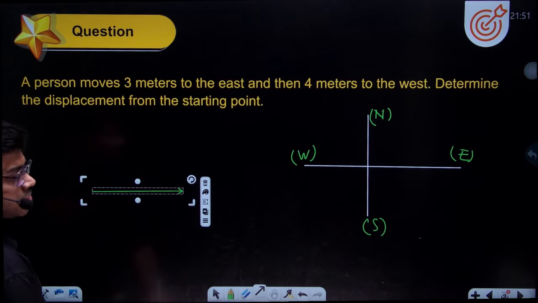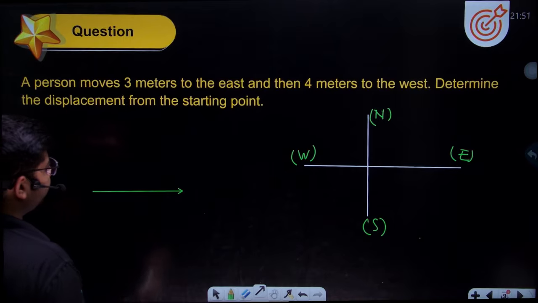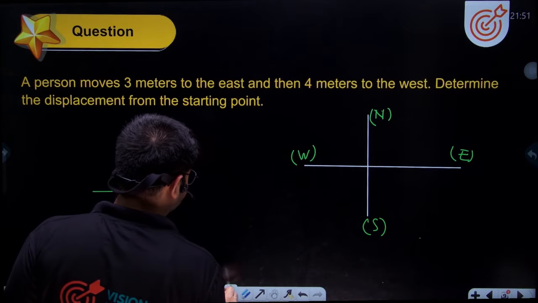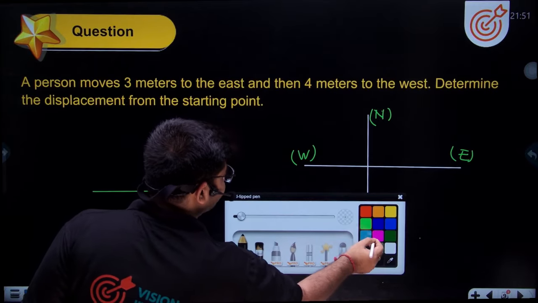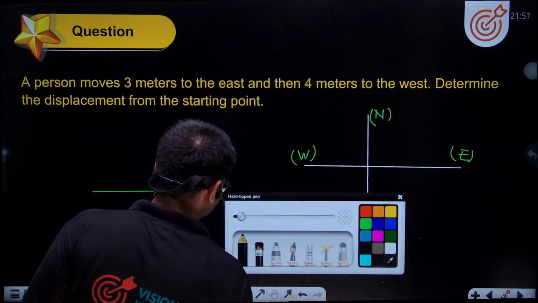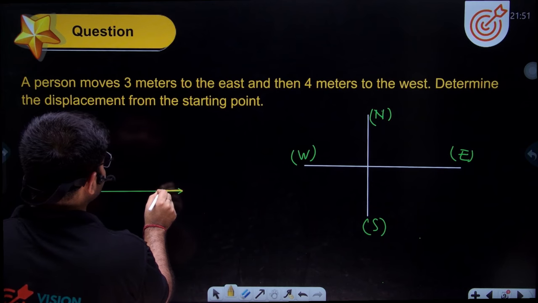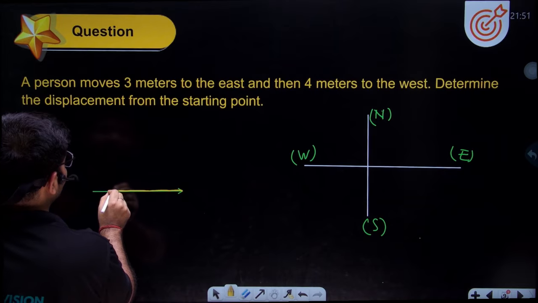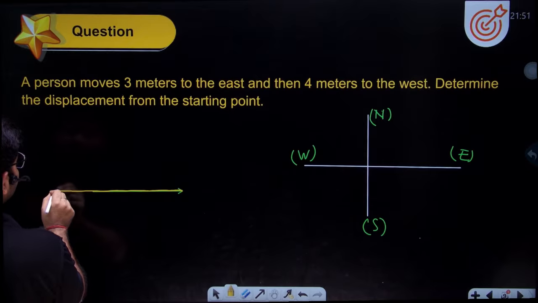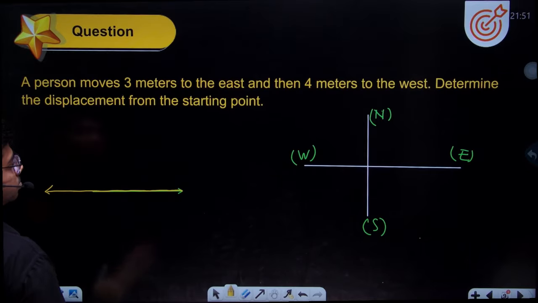Then 4 meters to the west, followed by from this point. From this point itself, the person is now moving to the west. From this point itself, the person is moving to the west and 4 meters. Right?